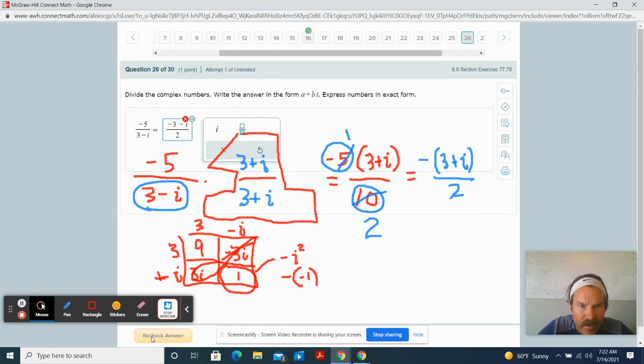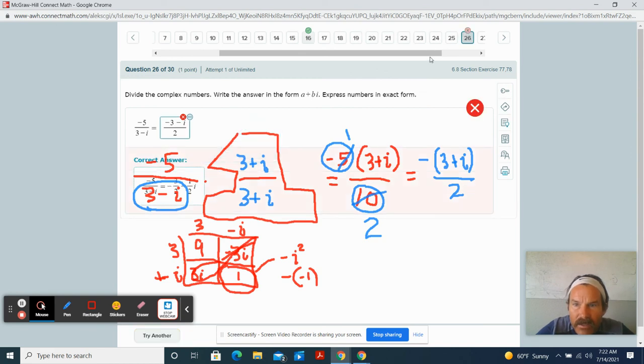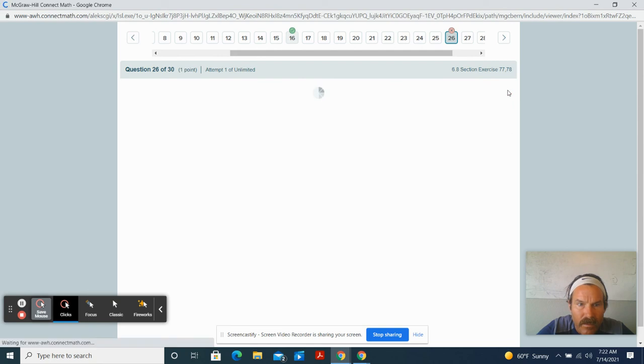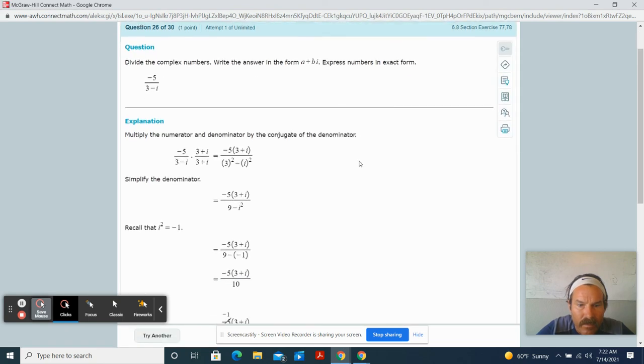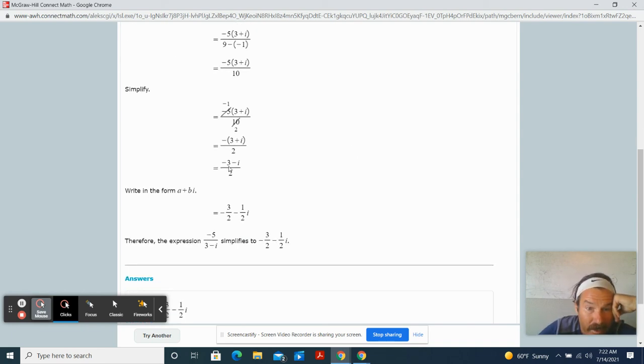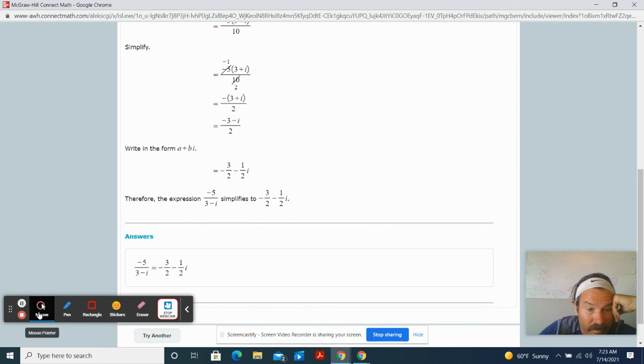What's it say? Let's see how it wants the answer here. Negative 3 minus i over 2. Oh, okay. So I wrote it as, I came up with this right here, negative 3 minus i over 2.